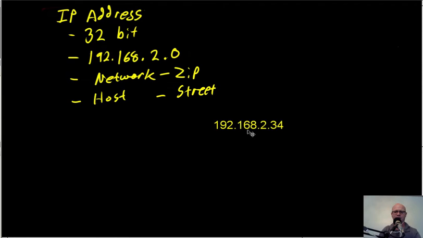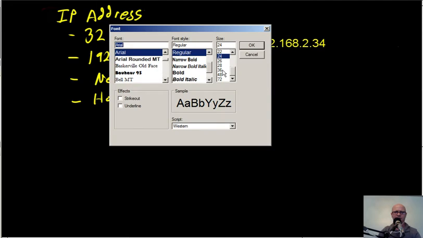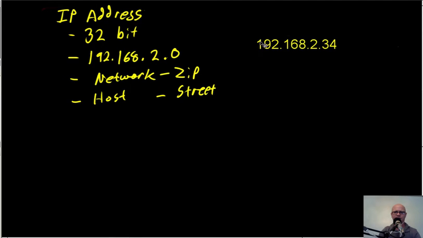Just make it a device, and let's bump that up a little bit to 28. So we have our IP address here, and if you look at the first octet here, that's going to tell you what class of address it is.